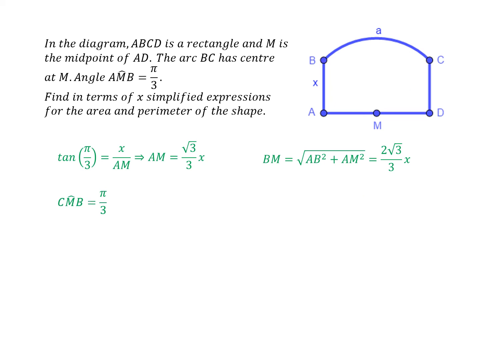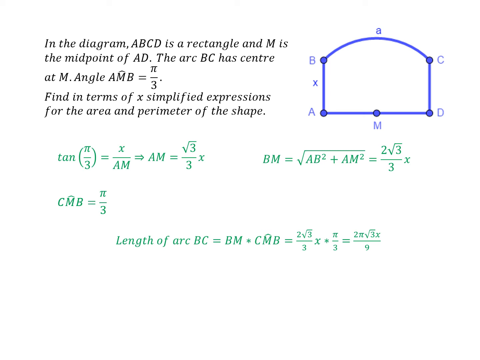I've retained here on the screen some results from the first part of the question. We need to find the length of the arc BC first. That's just r times theta, r being the radius, BM, and theta being this angle here, which we know is pi over 3.